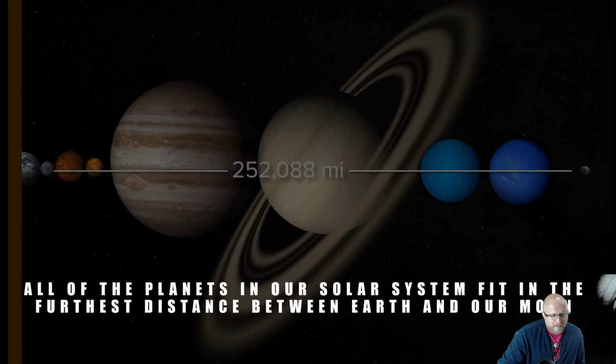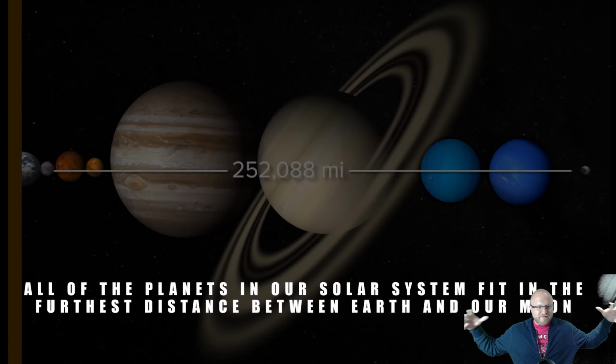Space is pretty cool. I don't ever want to go there, just because I don't see the point, but it is cool. One cool fact, I don't know why I put this in here, but it is interesting. All of the planets in the solar system fit in the distance between where Earth is and our moon.